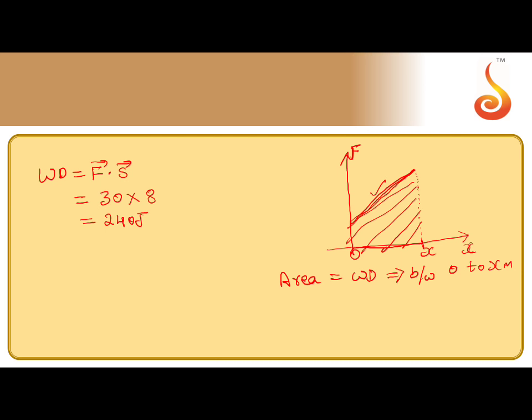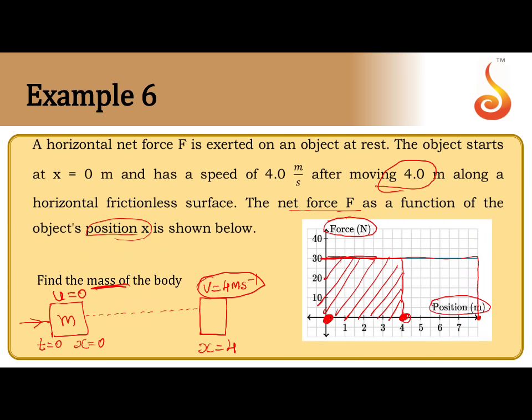The work done is equal to the area between 0 to 4, that is 30 into 4 meters, which is 120 joules. So from the graph, I understood that when the force acted on the body to displace it from x equal to 0 to x equal to 4, it has done this much work.